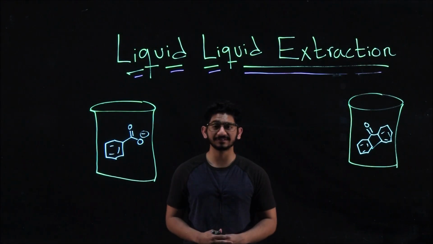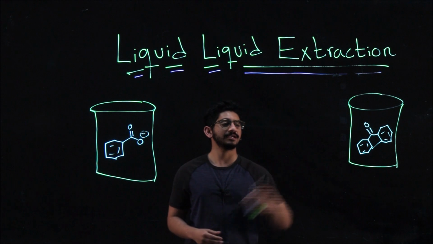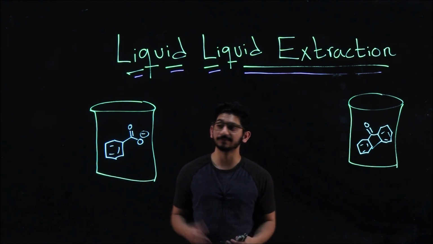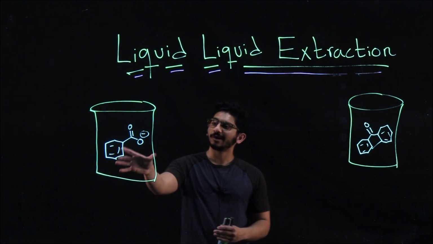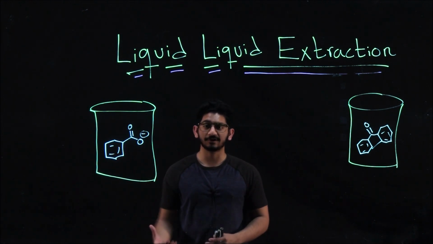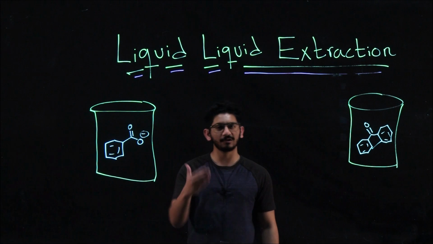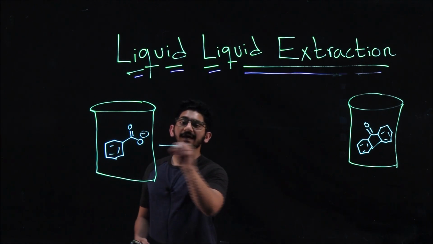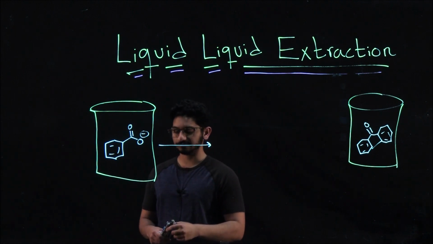Going back to our previous example with the benzoate and 9-fluorenone, we see that we have successfully separated both of them into 2 different beakers. Now our benzoate is still dissolved in our water layer, but we want our benzoic acid back. In order to do that, we actually have to add acid to the solution.